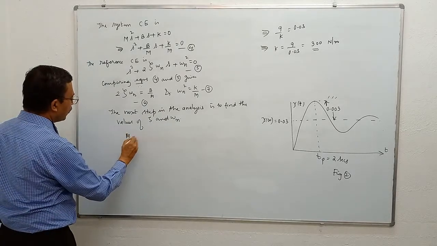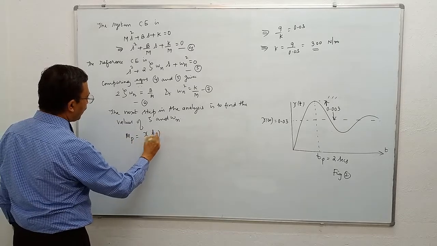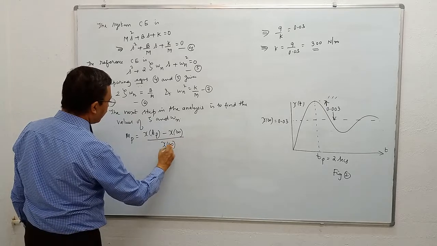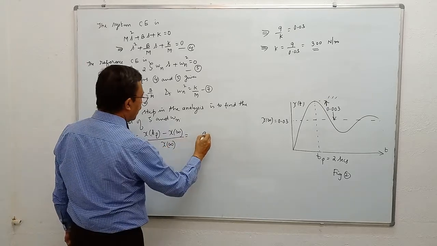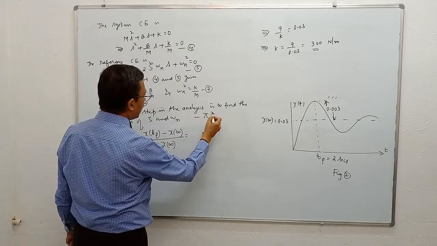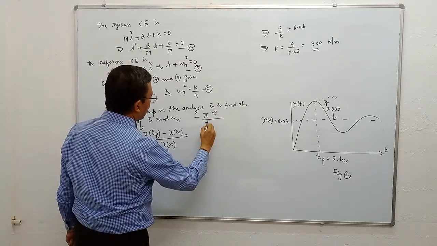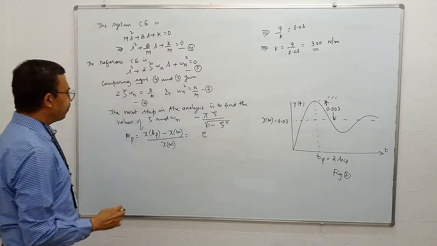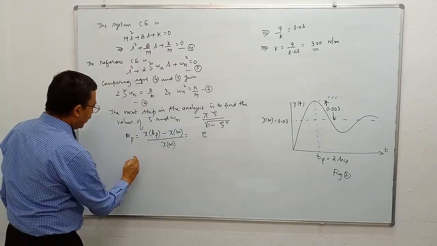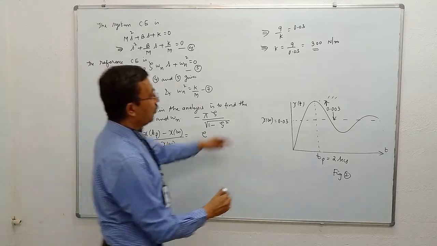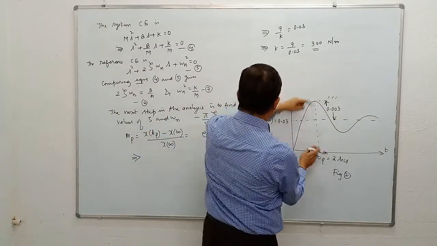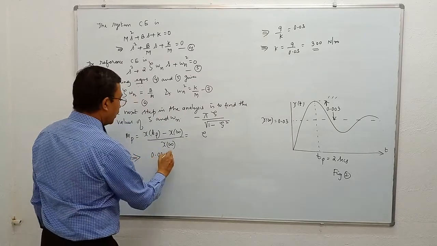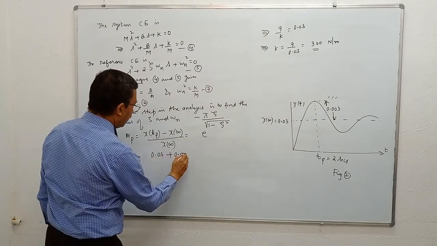MP is equal to x of Tp minus x of infinity divided by x of infinity is equal to e to the power minus pi into zeta divided by square root of 1 minus zeta square. This implies, what is x of Tp? X of Tp is 0.03 plus 0.003.